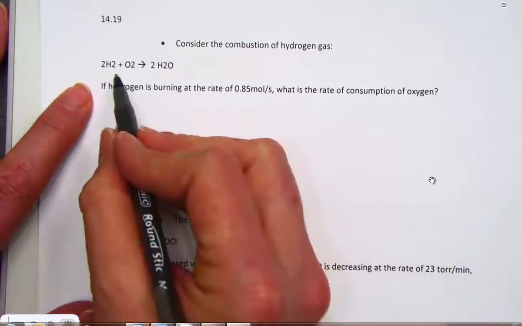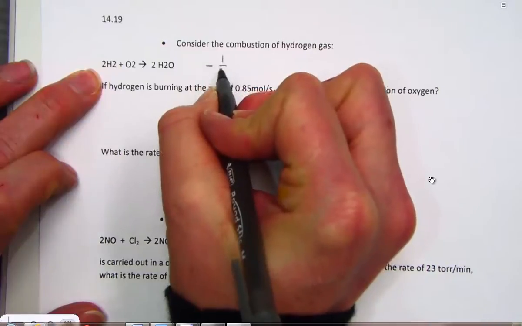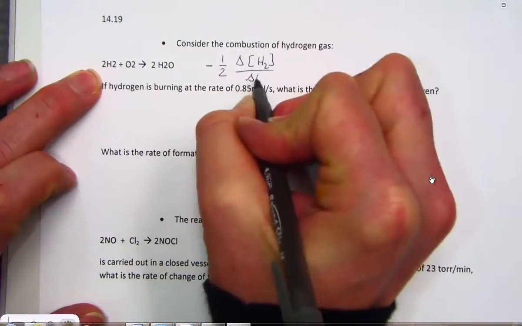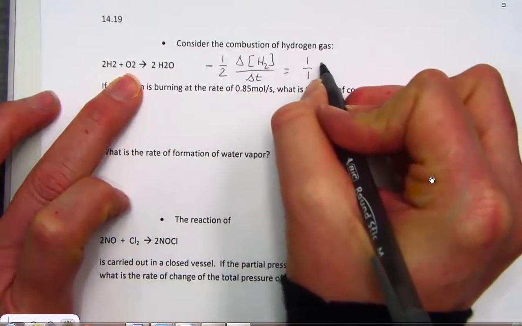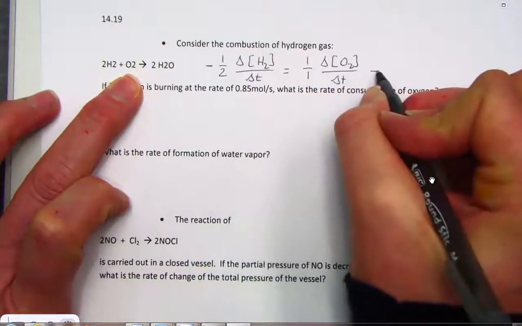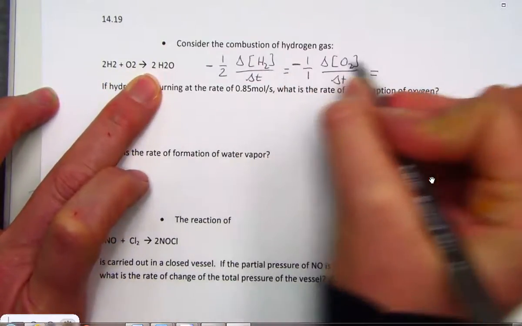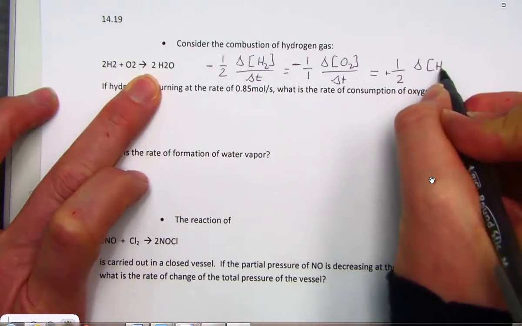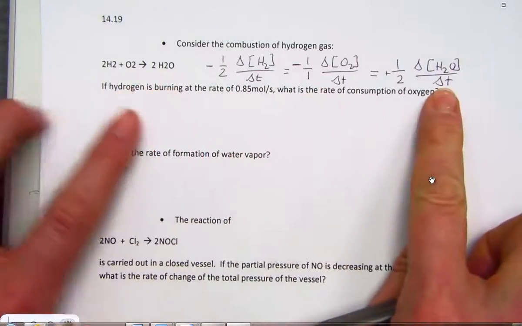If the rate expression for this reaction looks as follows: negative 1/2 the change in hydrogen concentration over a time interval is directly equal to 1 over 1, or drop that out, negative the change in oxygen over a time interval, which is directly equal to the appearance, positive 1/2 the change in concentration of water over the change in time. So here is the rate expression for this equation.